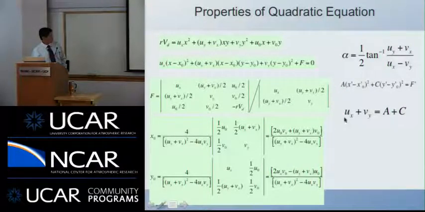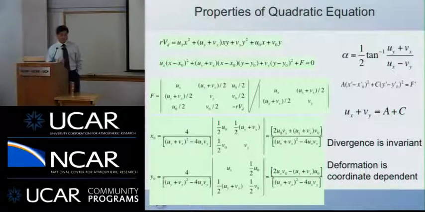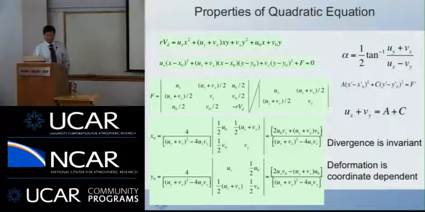We can also show that a plus c in this form should be equal to the ux plus vy in our original equation. Okay, it can be shown. What does this mean? This means the divergence is coordinate independent, it's invariant. Doesn't matter which coordinate you're looking at. Okay, divergence is always the same.